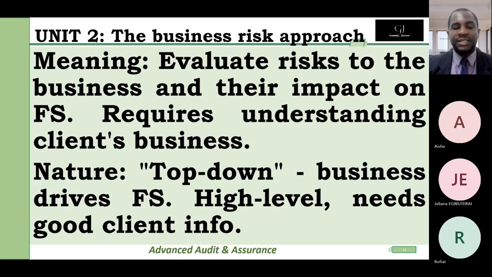So I was saying that the nature is top down. Top down means the start is the business strategy, which speaks to the formulation of strategy. What do we want to do during the budget preparation? Then when the budget is prepared, it moves to operations, how you carry out your activities, day-to-day sales activities, cost, and all that. So at the top, we speak to the business strategy, the planning, and the budgeting. All those activities that the business strategy entails are the top. Then the middle, the operations.